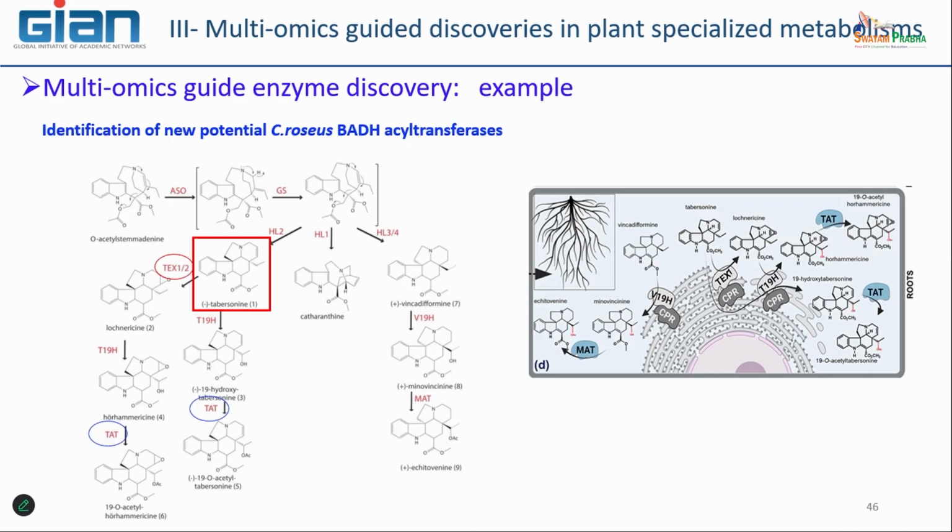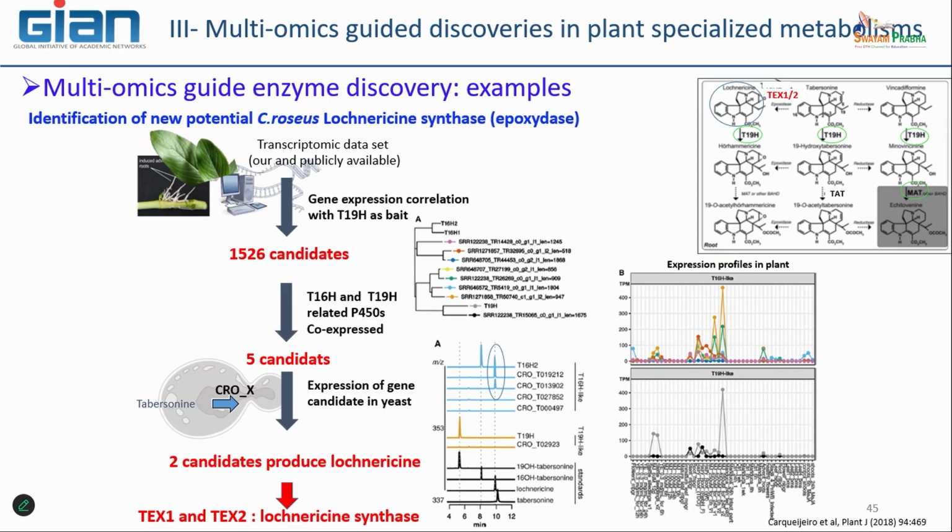Well, so now we have completely finalized this part of the metabolic pathway, and you can see here that tabersonine that comes from leaf can be taken in charge directly by this TEX1 or TEX2, depending on which isoenzyme we have.